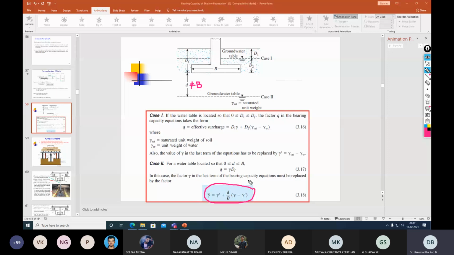Otherwise there is no change in the values of Nc, Nq or N gamma or any other parameter. So the impact of groundwater is accounted for only by changing the gamma value, that is the density of the soil. So anybody has any question in understanding the impact of groundwater?